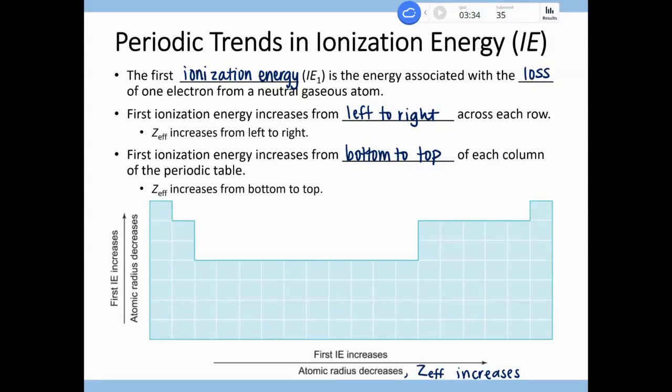So highest first ionization energy is top right, and lowest would be bottom left. Now this is a general trend, this is IE1. We'll talk about exceptions when we come back on Monday. So there are some exceptions, and that's on the next slide.